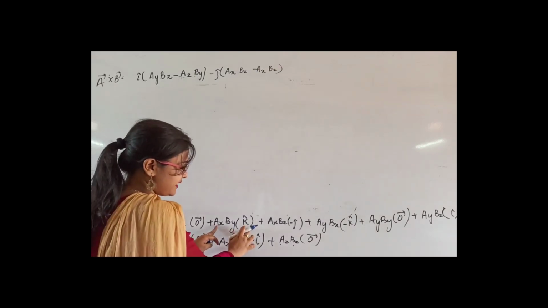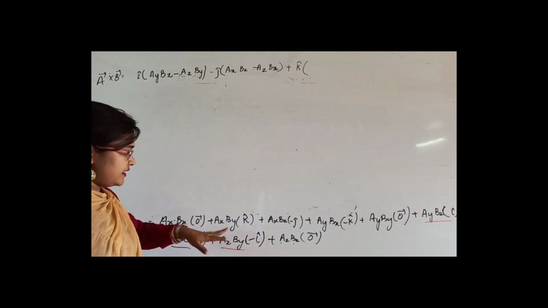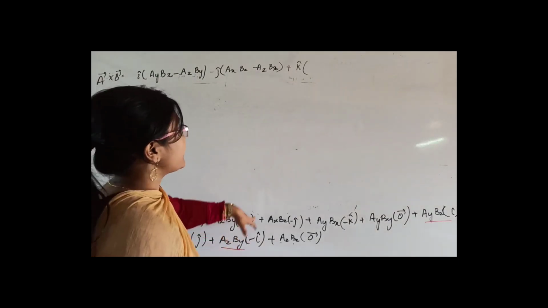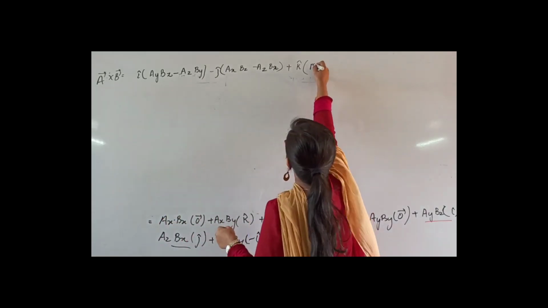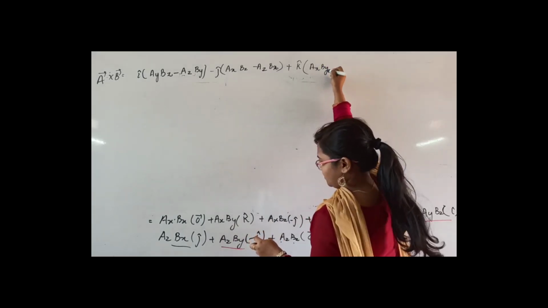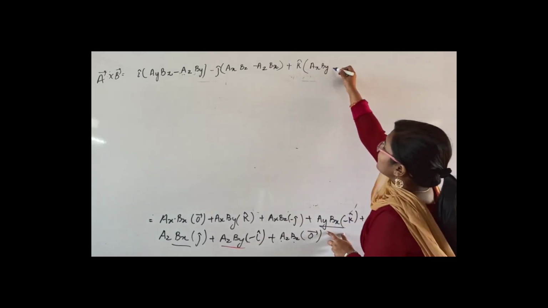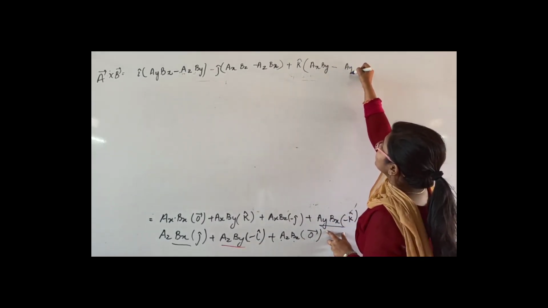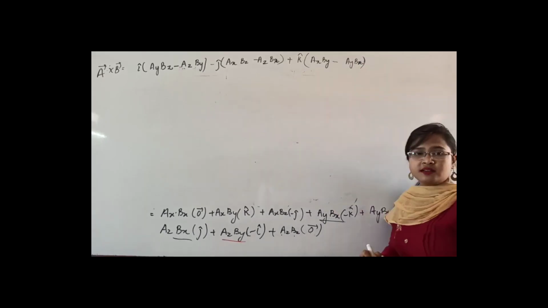Now the remaining is the k cap term. Plus k cap, and the remaining terms are here ax by, and the remaining here minus ay bx. Clear?